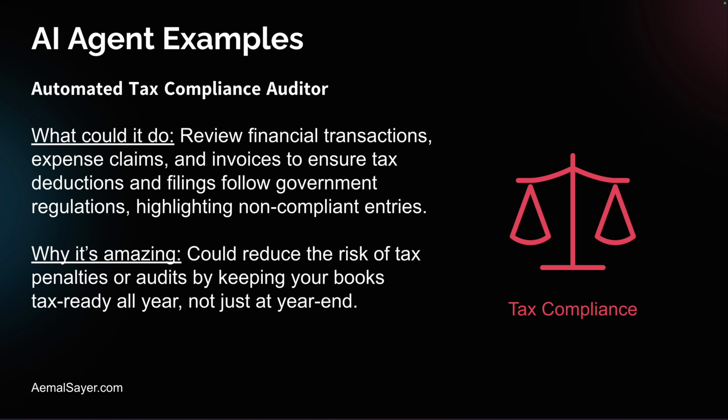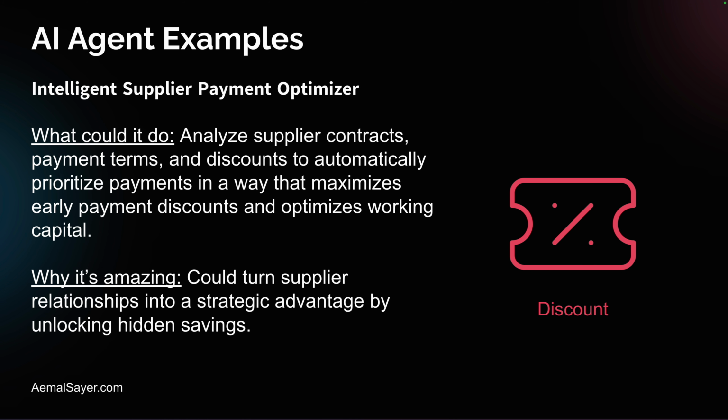An automated tax compliance auditor: tax compliance happens right now with an accountant, someone who knows about tax law, but with an AI agent, he or she can do it much faster, much better.